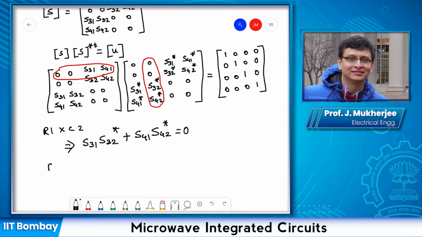And if I multiply row 3 into column 4, so this is row 3 multiplied by column 4, what do I get?